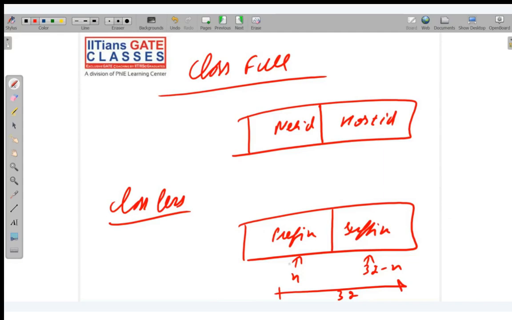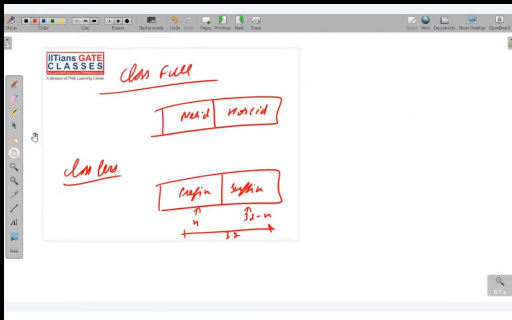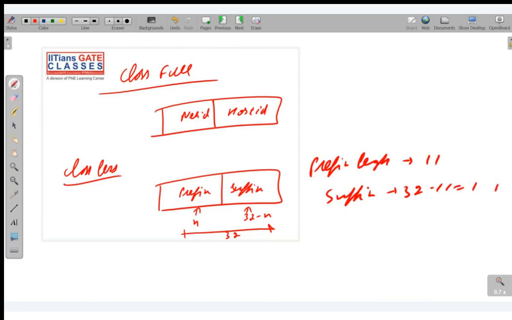Okay. So for example, say the prefix length is 11. What will be the suffix length? 32 minus 11, that will be 21. So prefix length 11 means block length is 11, and suffix length 21 means 2 power 21 IP addresses.